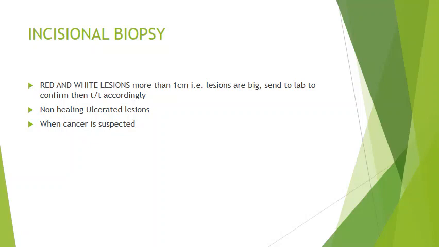We take the biopsy, send it to the lab, confirm, and treat accordingly. Again, non-healing ulcerated areas, we'll do incisional biopsy. Whenever cancer is suspected, you will do incisional biopsy.